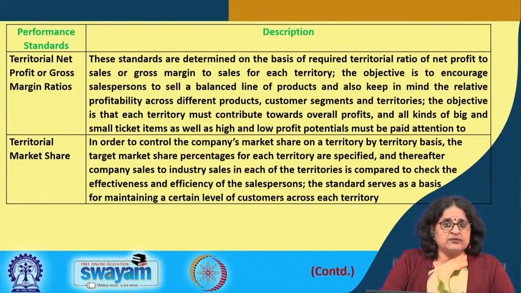This is something which a company would not desire at any cost, and so to ensure a balanced line of products, and to keep in mind the relative profitability across different products, customer segments and territories, the territorial net profit or gross margin ratios are specified.